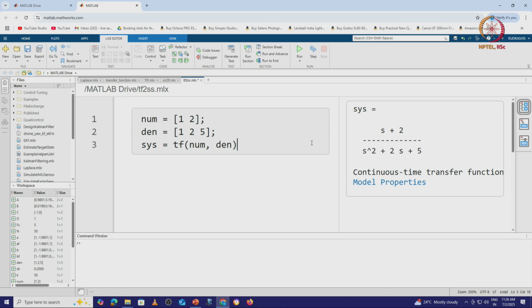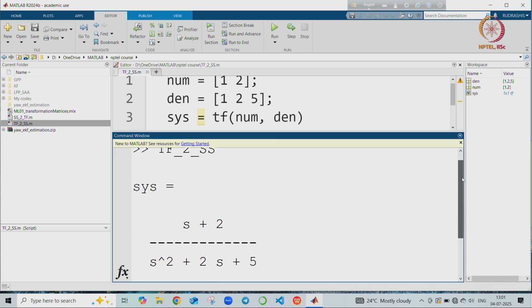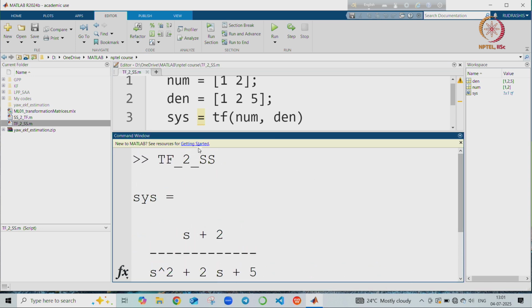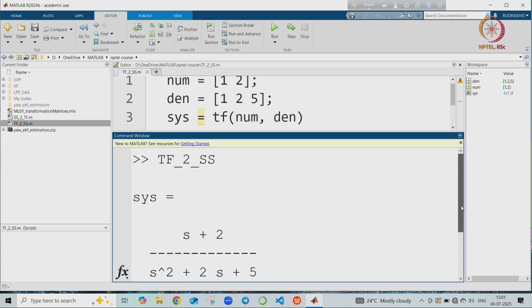So we know how the system looks in transfer function form: s plus 2 over s square plus 2s plus 5. It is a continuous time transfer function, not in a discrete domain.